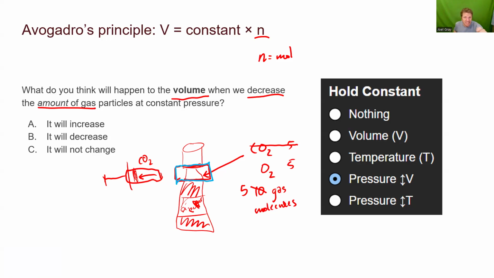Is that space the exact same size? That's my question for you. When you remove half of the gases, is that space that holds the gases the same? No, perfect. Cortisone, you're absolutely right.